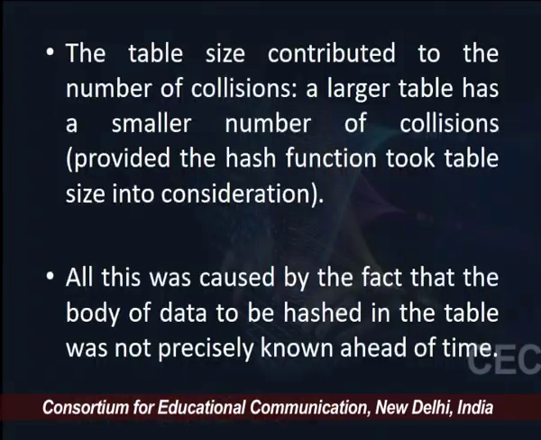So, what are we going to do if we have a situation in which the body of the data to be hashed is precisely known, or well known in advance? How is it going to contribute?